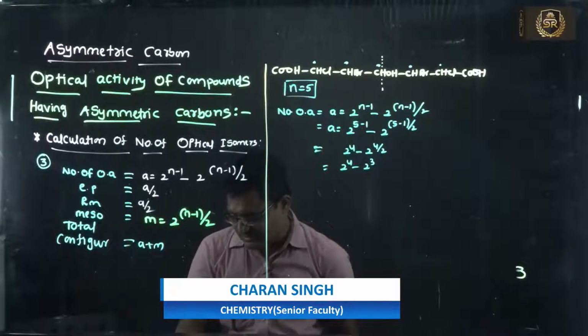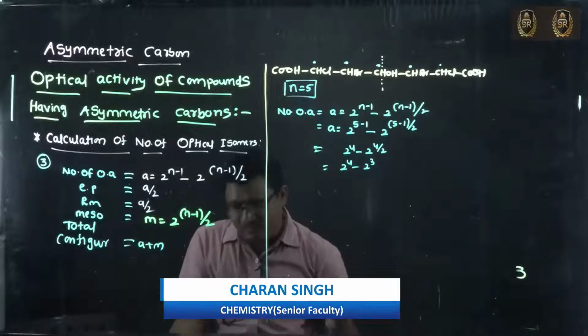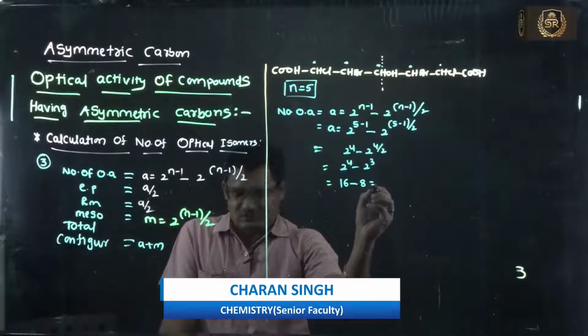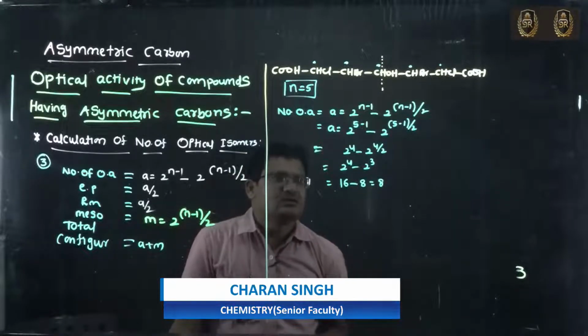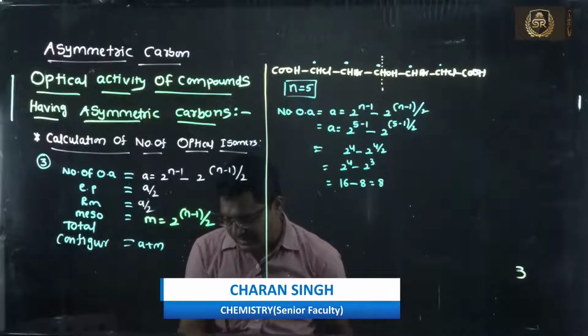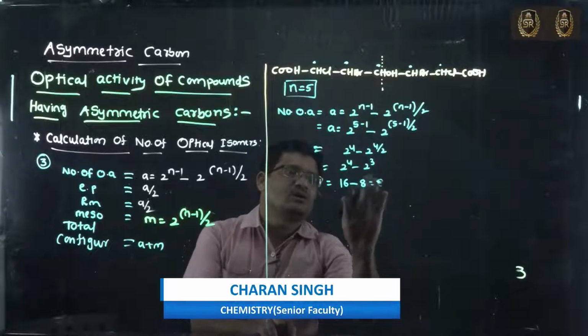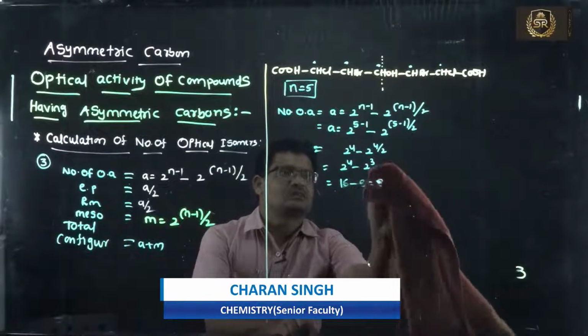So 2 power 4 is nothing but 16, 2 power 3 is nothing but 8. So number of isomers is, a small correction, sorry.